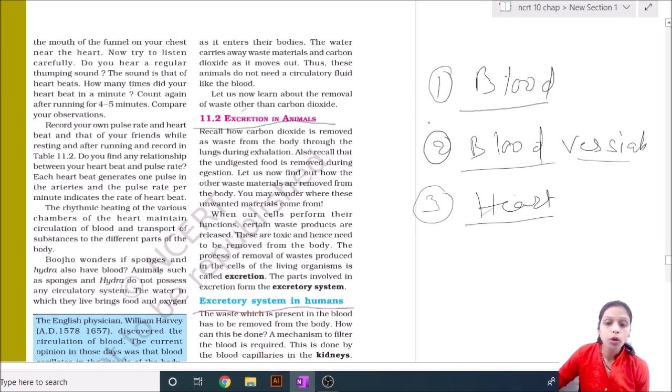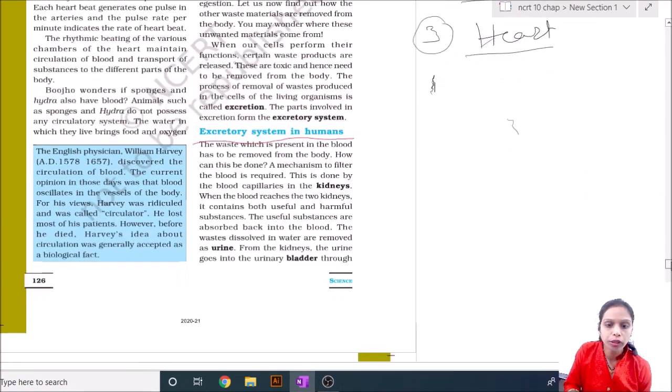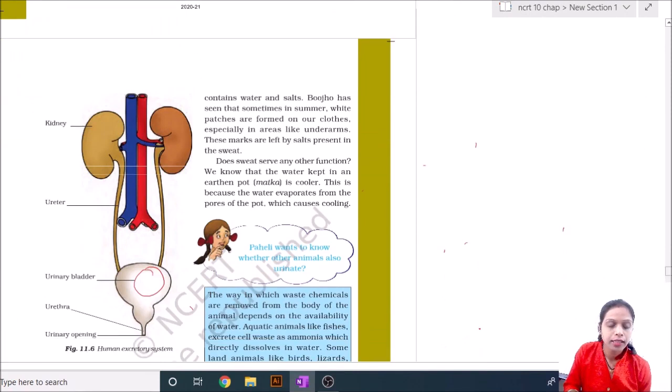Now how the blood is converted into pure blood and how it is absorbed. Actually the blood capillaries absorb the pure blood, and the waste material goes out from our body. If I talk about the excretory system, you can see here, what is this? This is our kidney.